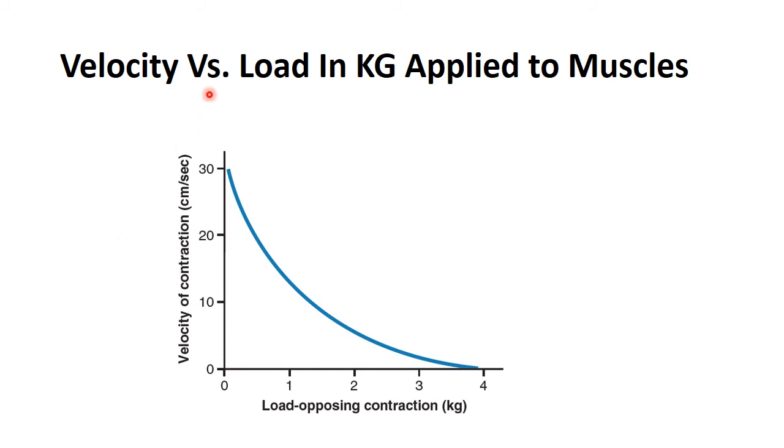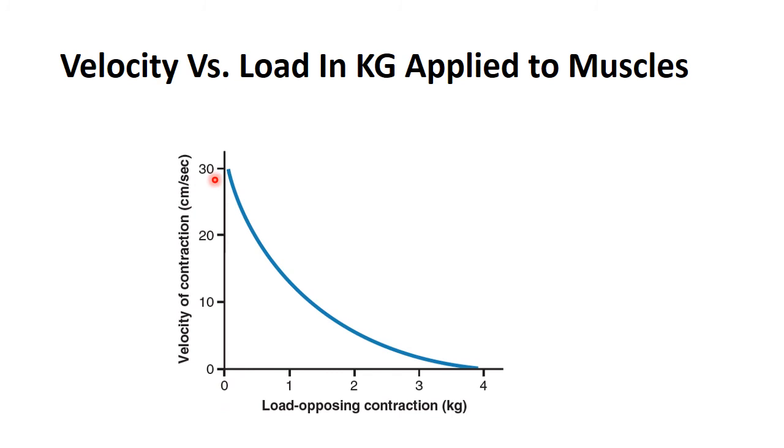Now this curve shows the relationship between the velocity and the load. On the x-axis, load is represented in kilograms, and on the y-axis, velocity of the contraction in centimeters per second.